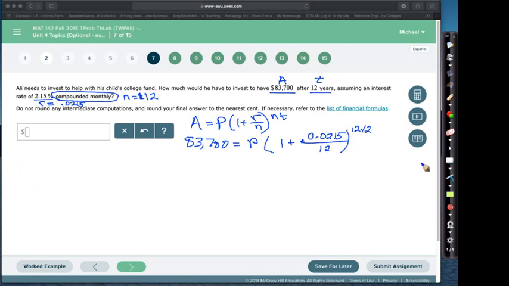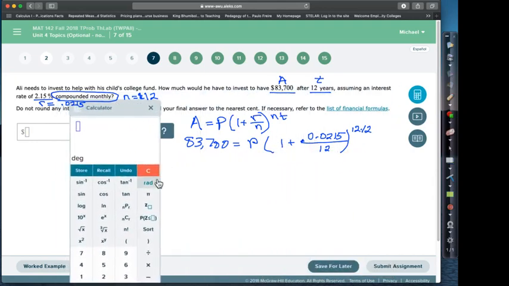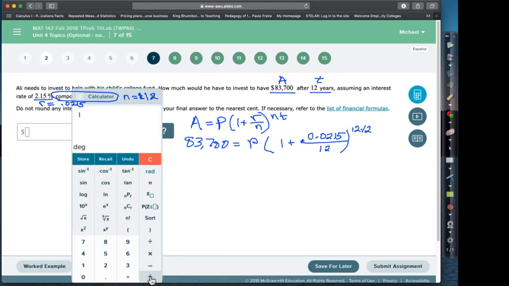So we do the calculation. Calculator on over. Let's do this right-hand side first. So we can put in 1 plus 0.0215 divided by 12.